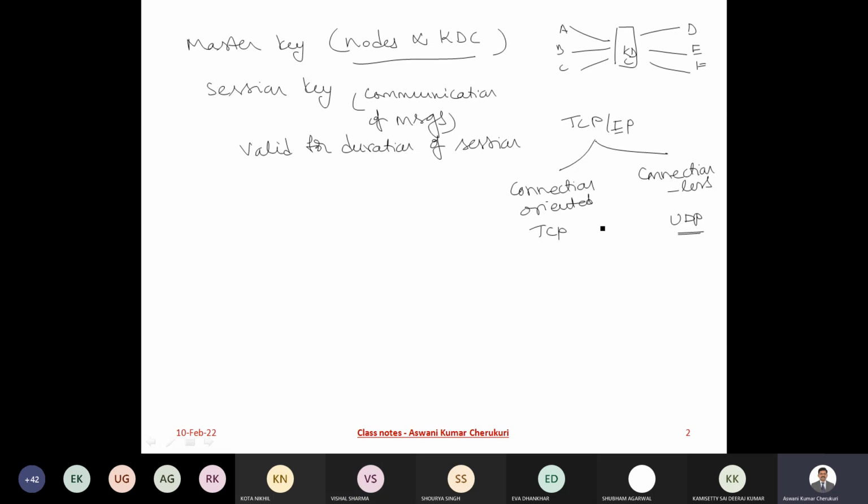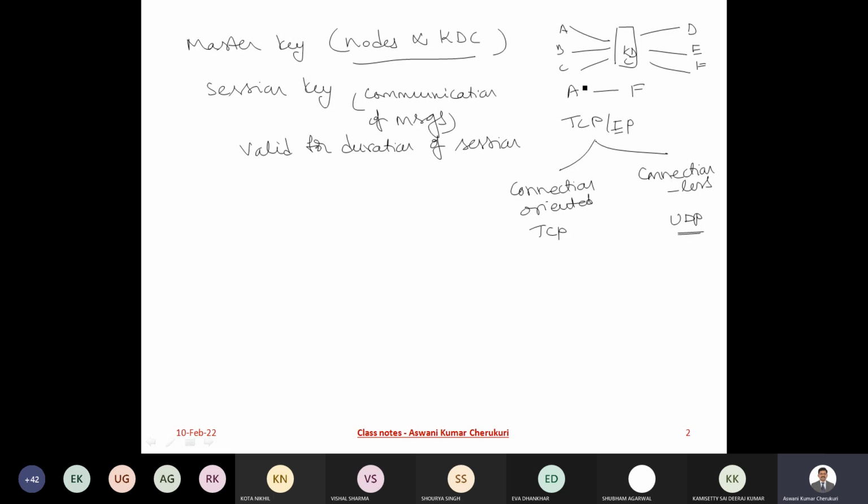Please, this is very important, not only for your networks but also from a security point of view. It is like this. In a connection-oriented protocol, take an example: A and F are talking to each other. For every communication between A and F, imagine A is telling, hello F, this is A. For that, there should be an acknowledgement back from F saying, yes, you are A, I got your message.